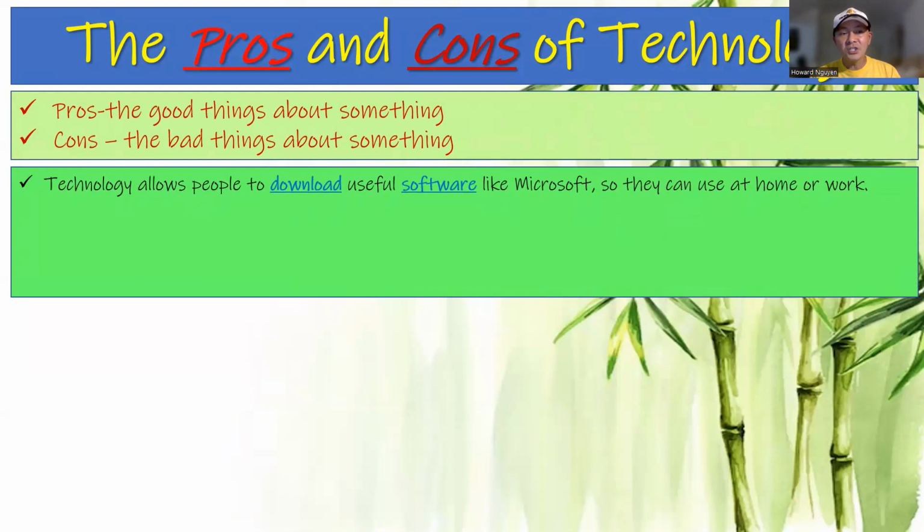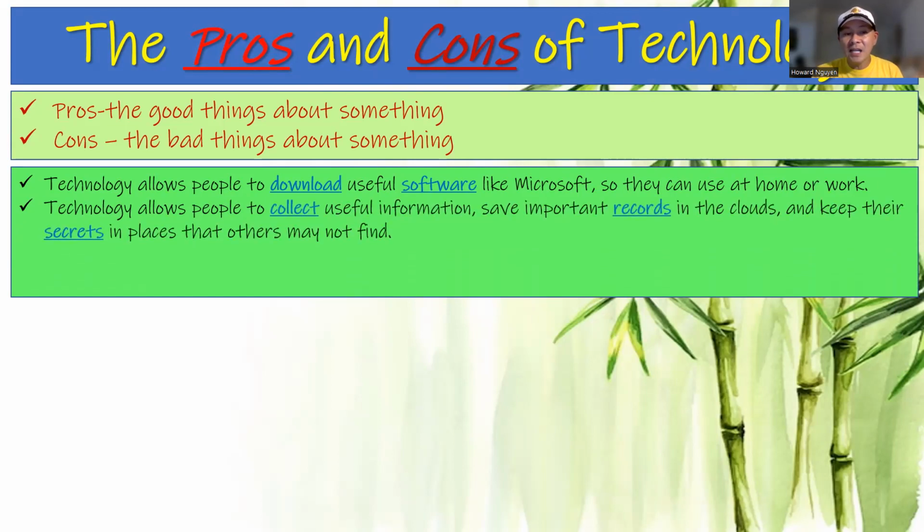Technology allows people to download software like Google, music, or educational software like Microsoft, so they can use it at home or at work. Technology allows people to collect useful information, save important records in the clouds, and keep their secrets in places that others may not find.